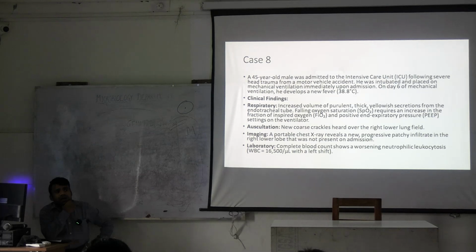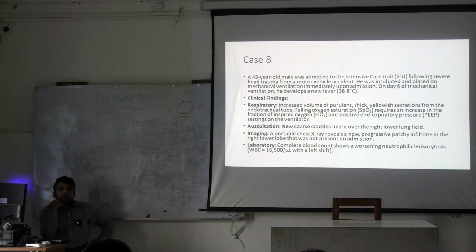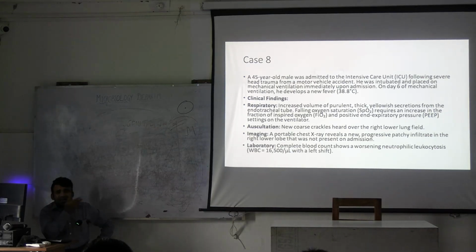The first is the aspirates turned yellowish, saturation dropped, FiO2 have increased. On auscultation, we have findings on the particular right or left side of the lung, and on imaging, we are finding opacification. কি দাঁড়াচ্ছে এটা?